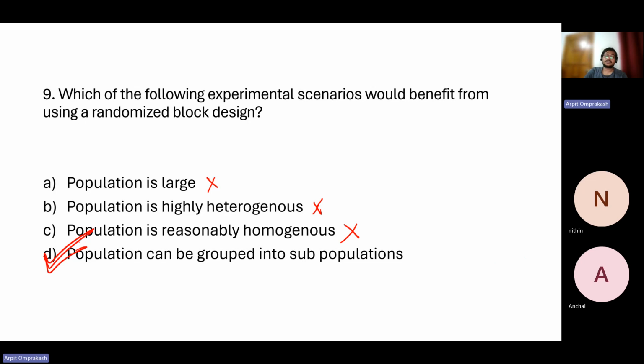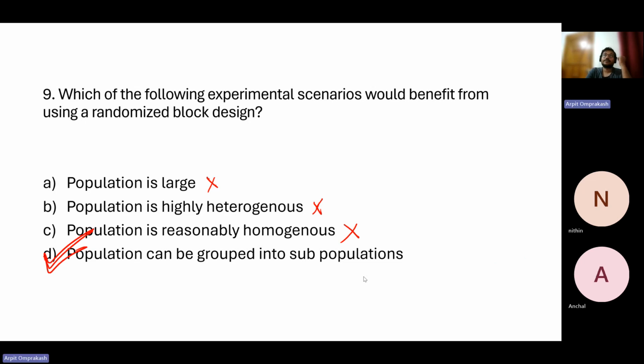If you have populations which can be grouped into subpopulations, then it's better to do a randomized block design within these subpopulations, because what you would expect is that within the subpopulation, there might be some differences that might be giving you different values.